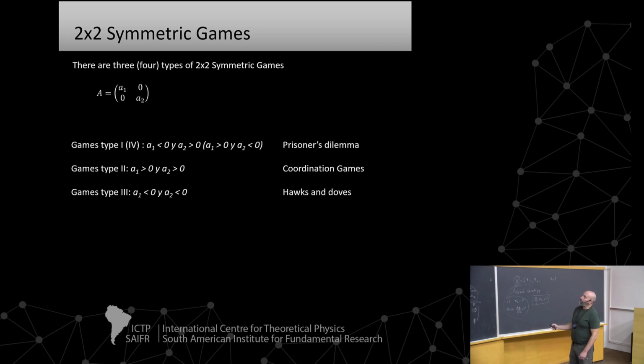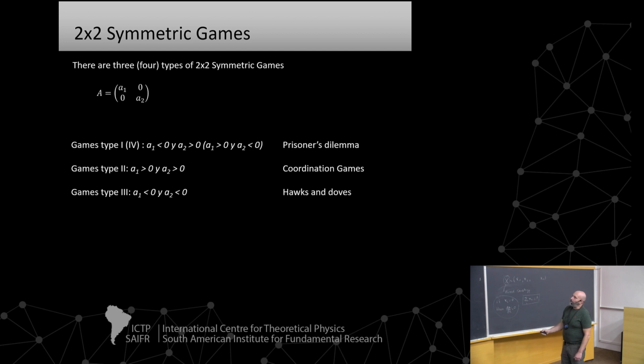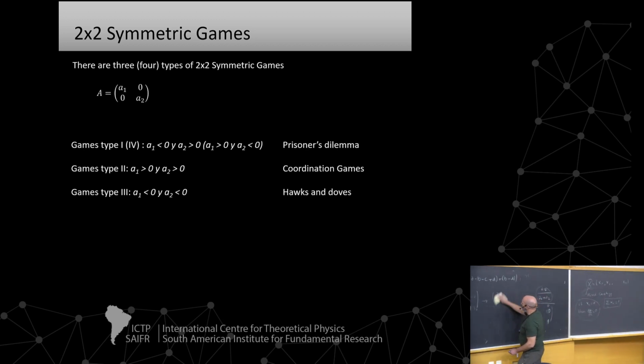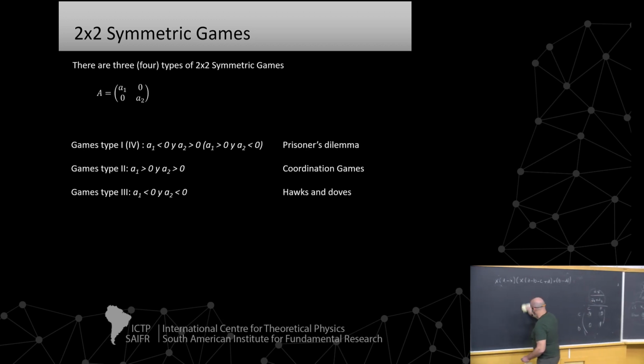The Hawks and Doves falls within this type, the type 3, when A1 is negative and A2 is negative. Remember that in the Hawks and Doves, there was a Nash equilibrium, but it was not 0 or 1, it was something in the middle. So let's write the payoff matrix for the Hawks and Doves. It was something like that: (χ minus C) over 2, χ, 0, and χ over 2.